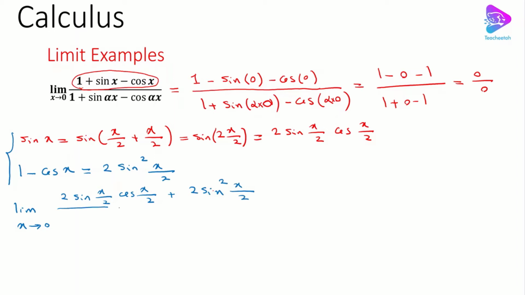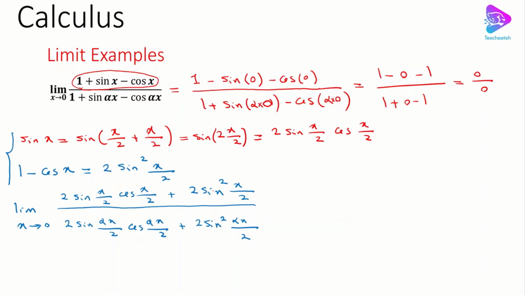For the denominator we have 1 plus sine alpha x minus cos alpha x, and the same law is used there. Therefore, we will have 2 sine alpha x over 2 cos alpha x over 2 plus 2 sine squared alpha x over 2.